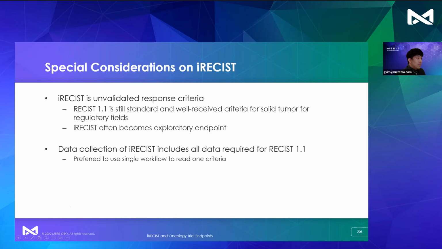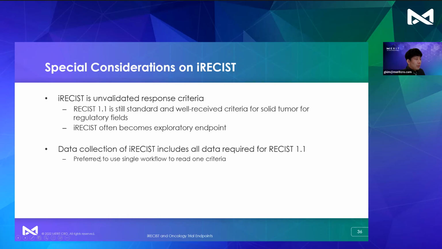This is the recommendation from iRECIST, that it be used as an exploratory endpoint. And the data collection for iRECIST still includes all the data required for RECIST 1.1. So whenever iRECIST is read, you can extract the analysis data needed for RECIST 1.1.